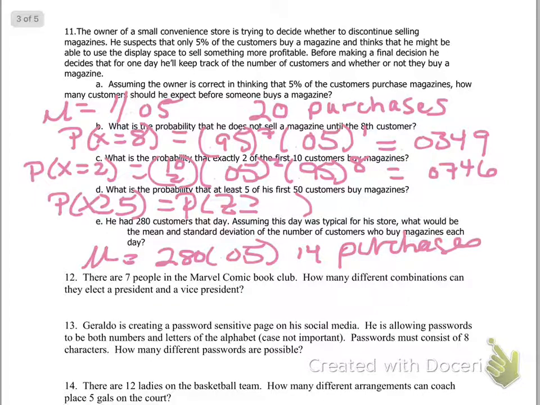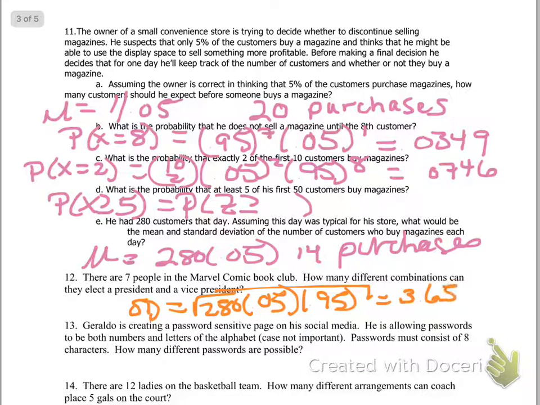And then for the standard deviation, I'm going to go to another color. So the standard deviation is going to be the square root of 280 times 0.05 times 0.95. So you take the square root of that number, and I get 3.65 purchases.